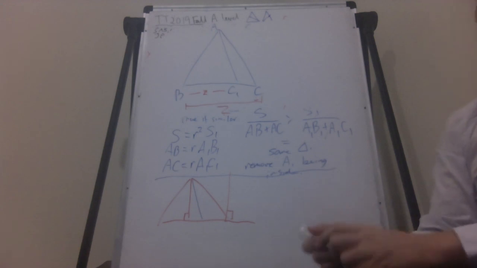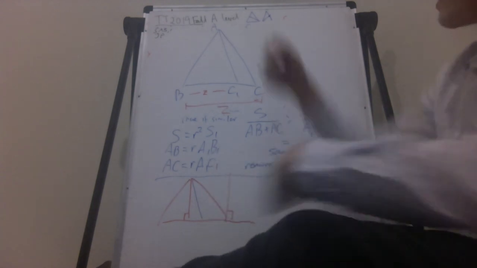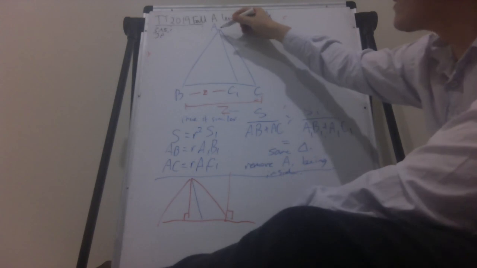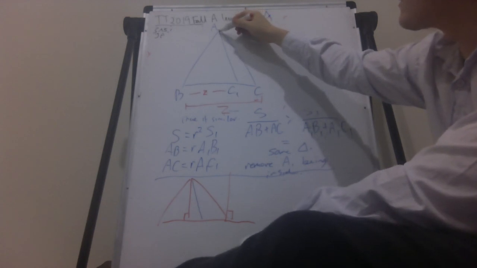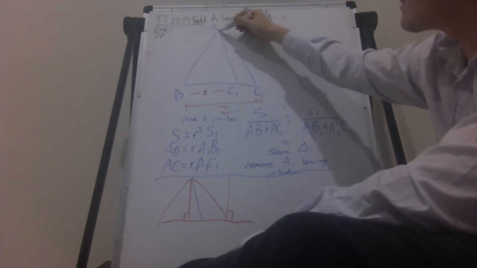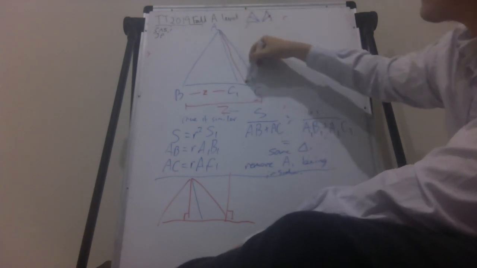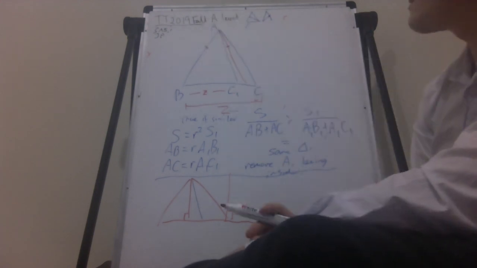I guess this breaks up into two cases, huh? So if you insert a line like here, can you always do this? Maybe it's on this side. Like if you could insert a line here, so that this is equal to that.